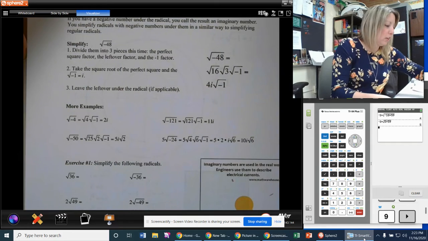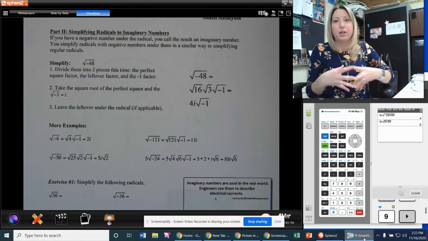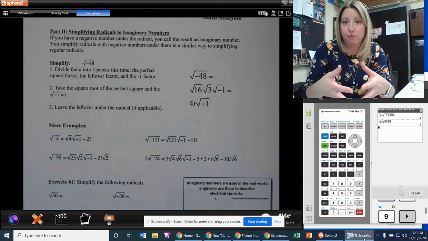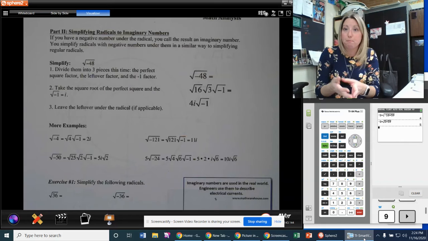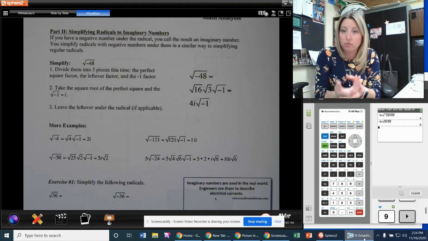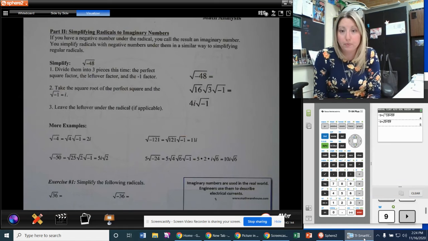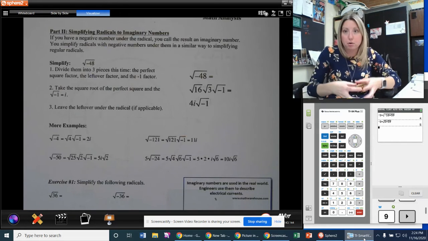All right. So the first thing we have to do when talking about imaginary numbers is we have to simplify them. Just like you can simplify the square root of 48 by taking out any perfect squares, you can simplify the square root of -48 by taking out the imaginary unit and any perfect squares.